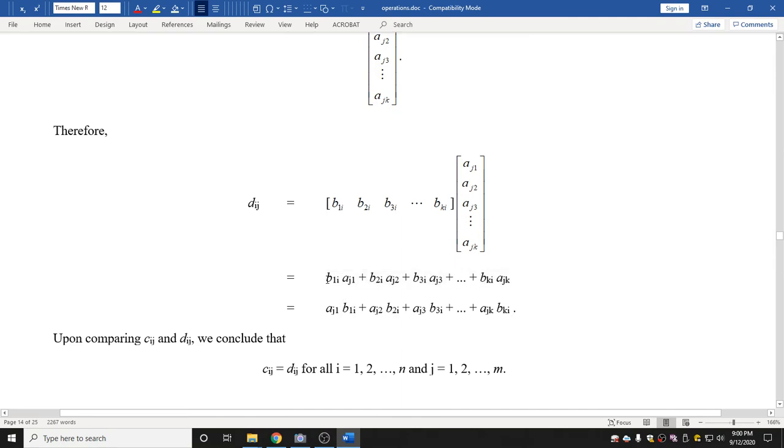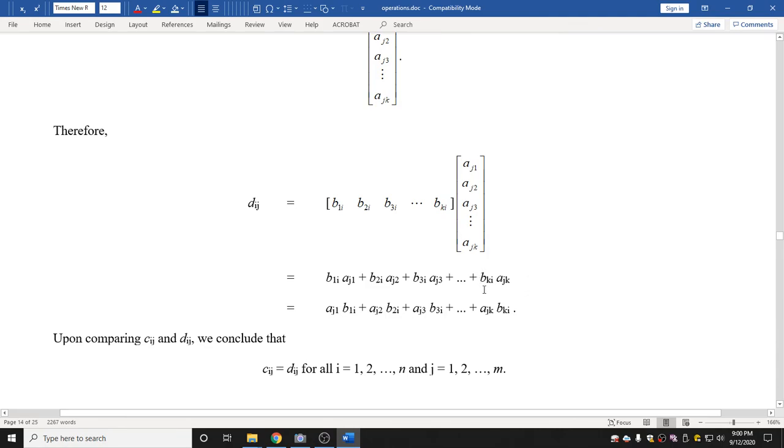Let's commute the A's and the B's. B1i Aj1 is the same as Aj1 B1i, B2i Aj2 is the same as Aj2 B2i, B3i Aj3 can be rewritten as Aj3 B3i, and so on up to the last one.